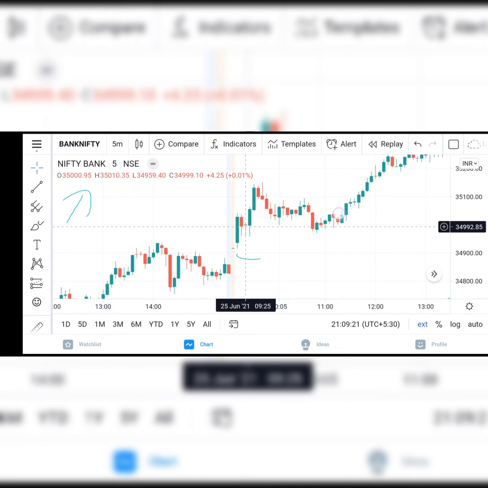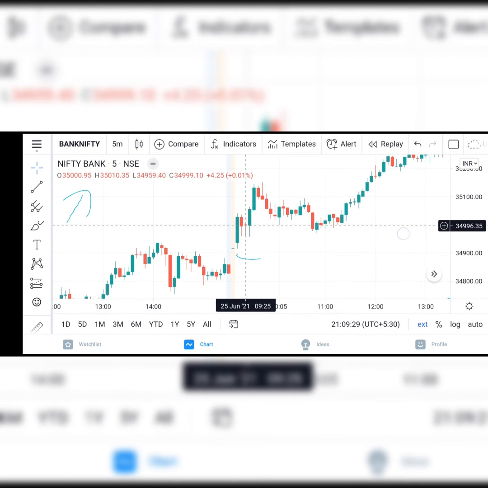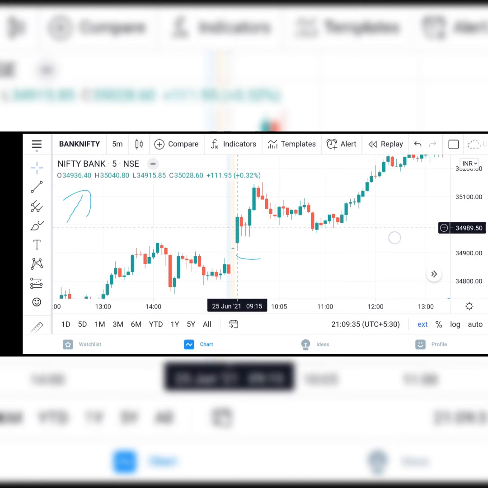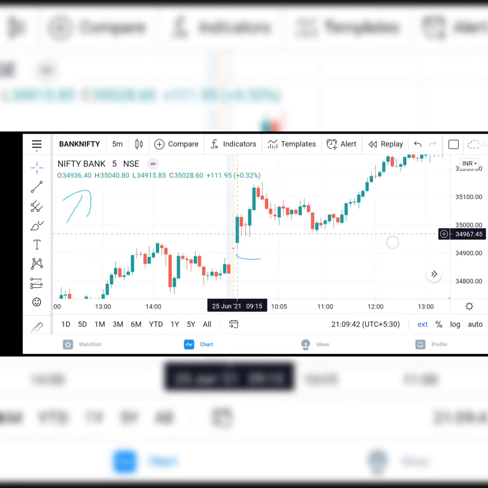A red candle means now the price is coming down. But what about this doji candle? It signifies that the buyers and sellers are both trying to push the market from their side. Buyers are trying to pull the market upwards from below, and sellers are trying to pull the market from above in the downward direction, correct?